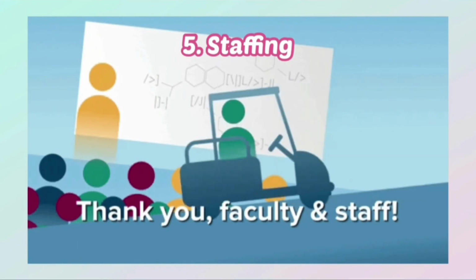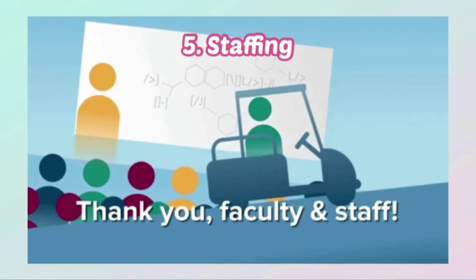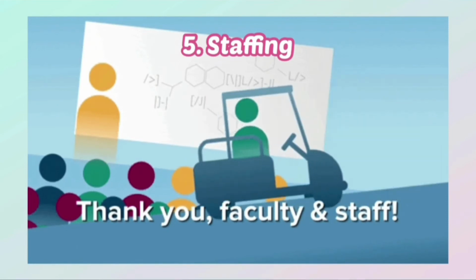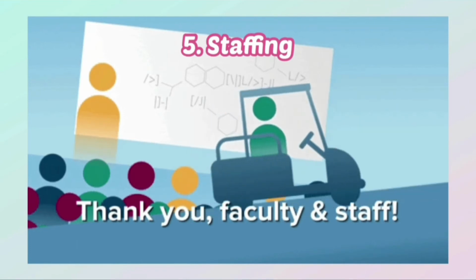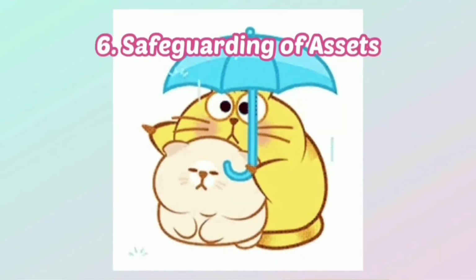Fifth, staffing. It refers to the process of finding the right employee with appropriate qualifications or experience and recruiting them to fill a position, role, or job. Sixth, safeguarding of assets. The assets of an organization have to be safeguarded from misuse, loss, or damage by theft and fire or any other means.